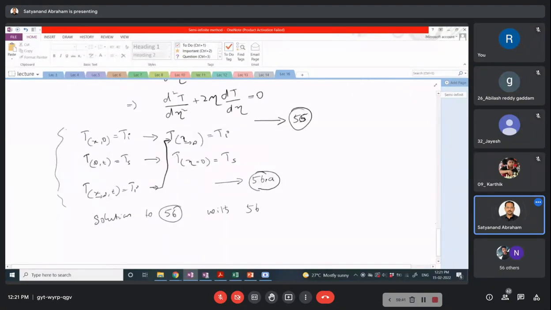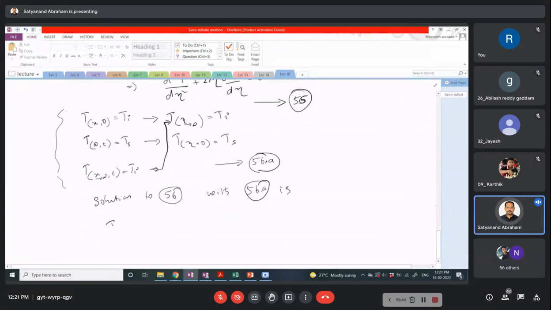With 56a it is okay, and directly giving the solution: (T minus Ts) divided by (Ti minus Ts) is equal to 2 by root pi, integral 0 to eta of e raised to minus eta square d eta.